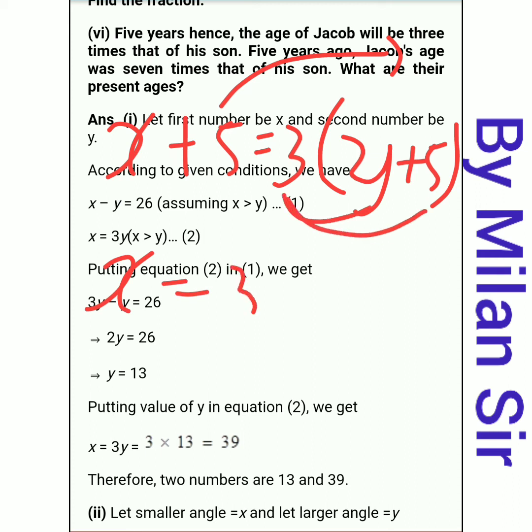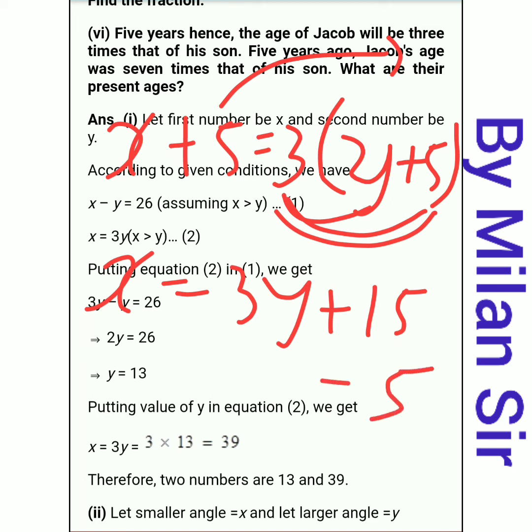So 3 into y is 3y, 3 into 5 is 15. Now if we transfer our plus 5 to the right hand side, it becomes minus 5, right? So x is equal to 3y plus 15 minus 5. 15 minus 5 is 10, sign of the bigger number is positive, so plus 10. So x is equal to 3y plus 10.